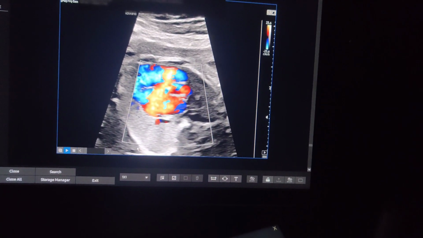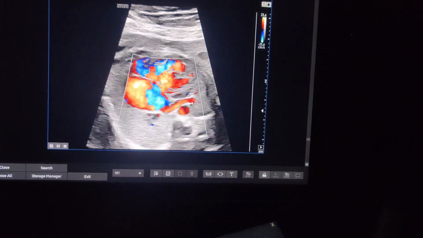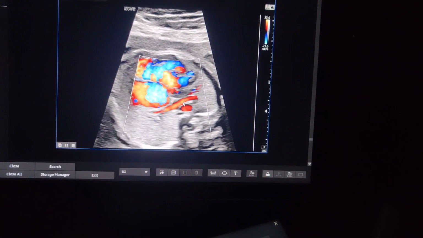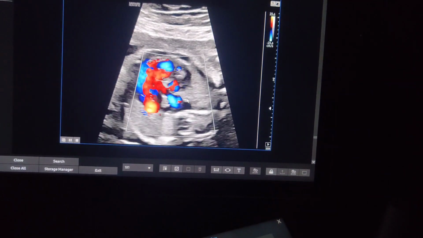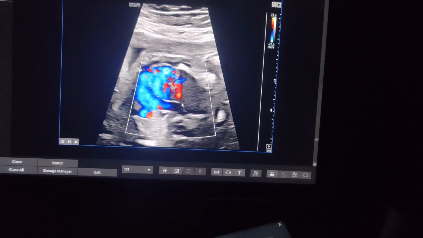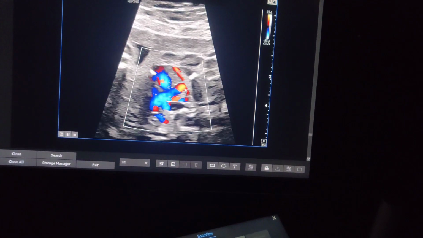So I'll show it to you in a proper cine. So again, that's the confluence, and I'm going above, and when I do that I realize that the vessel is joining the brachiocephalic vein.